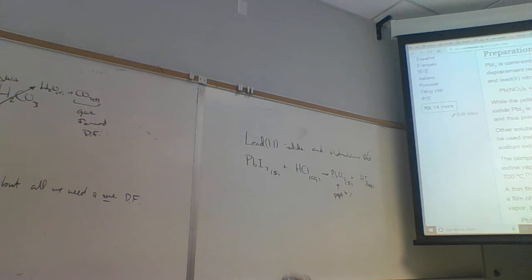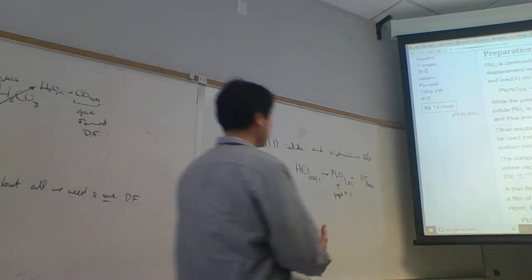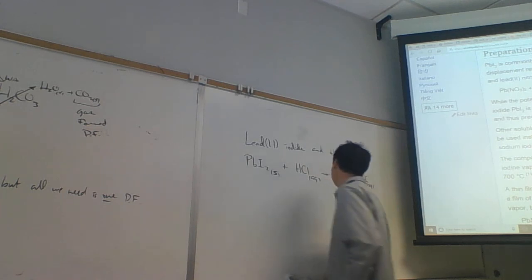If we times it by 10, it's 0.44 grams per liter. And so which one dissolves more? PbCl2. So again, we have this conflicting kind of data, because if it has a stronger lattice, you'd expect it to be less soluble.